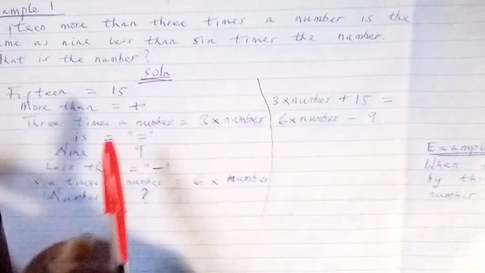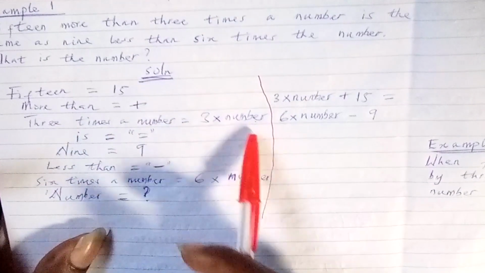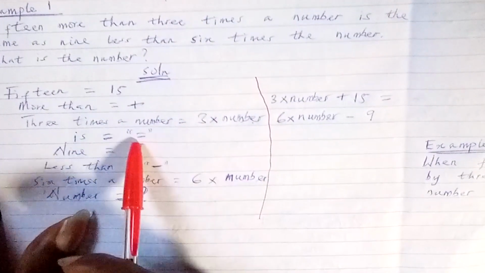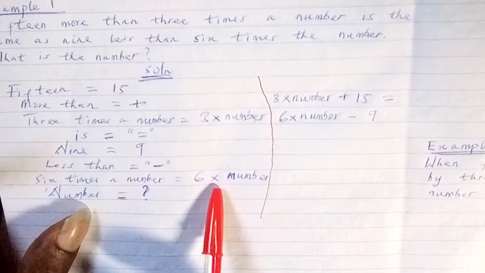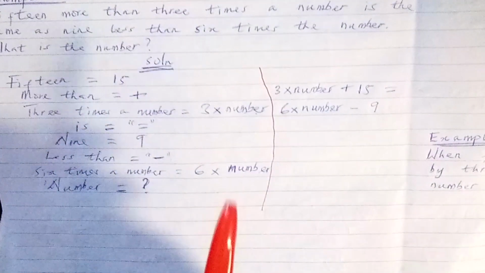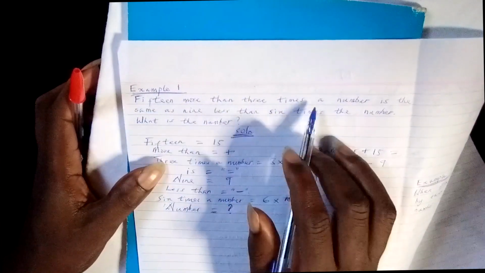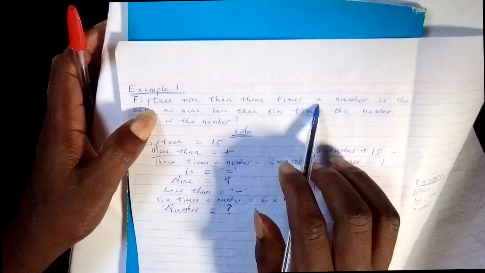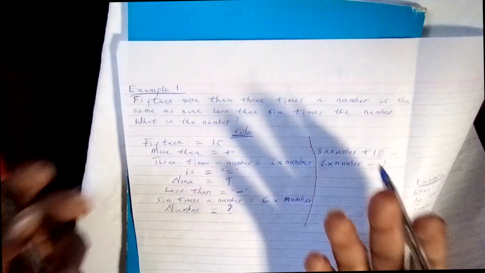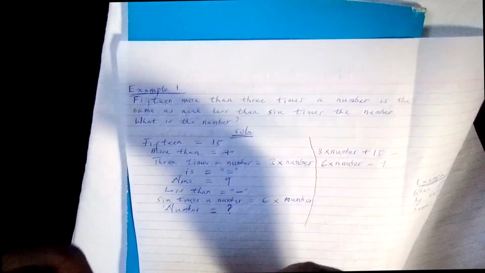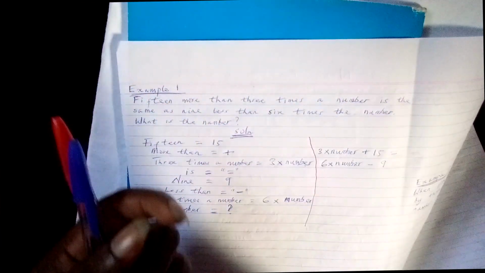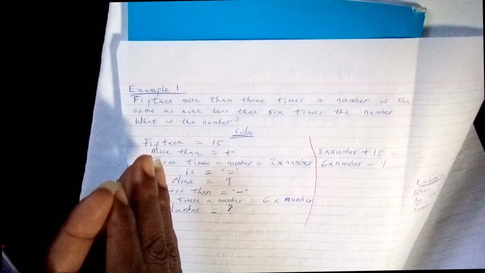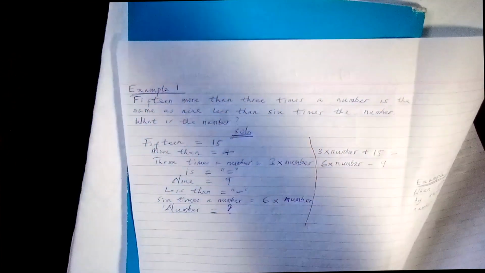Remember, it's supposed to have been in a sequential order, just as the question has been, because I'm supposed to have written it 15 plus 3 times the number, which is equal to 9 minus 6 times the number. But the reason is that looking at the actual question, it is saying 15 more than 3 times a number. When you say something is more than, it means that there is an existing object and we are trying to add something to it.